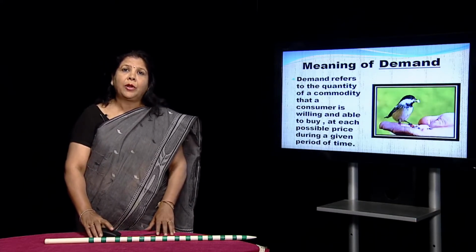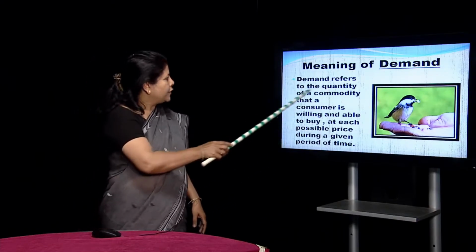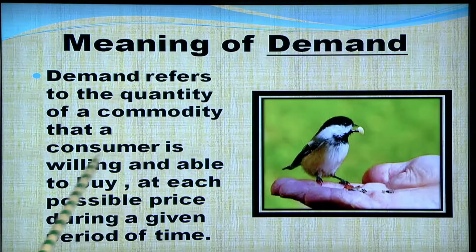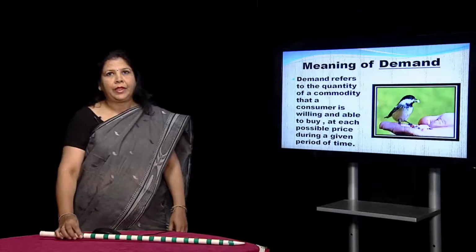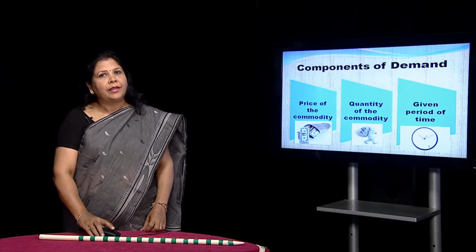Demand, as we all know, refers to the quantity of a commodity that a consumer is willing and able to buy at each possible price during a given period of time. This, as we all know, is what demand is.